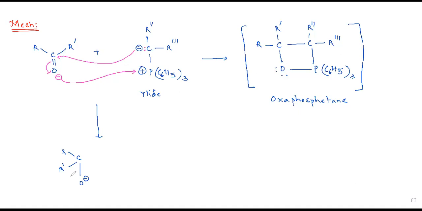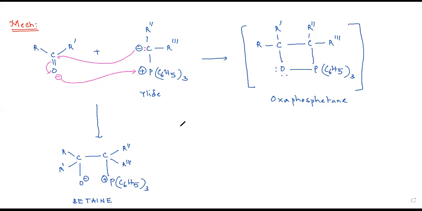Then this one, C, you have R'', then R'''. Here I have not yet attacked the negatively charged oxygen on the positively charged phosphorus. So this is another interesting species called betaine. Betaine intermediate is what I say.